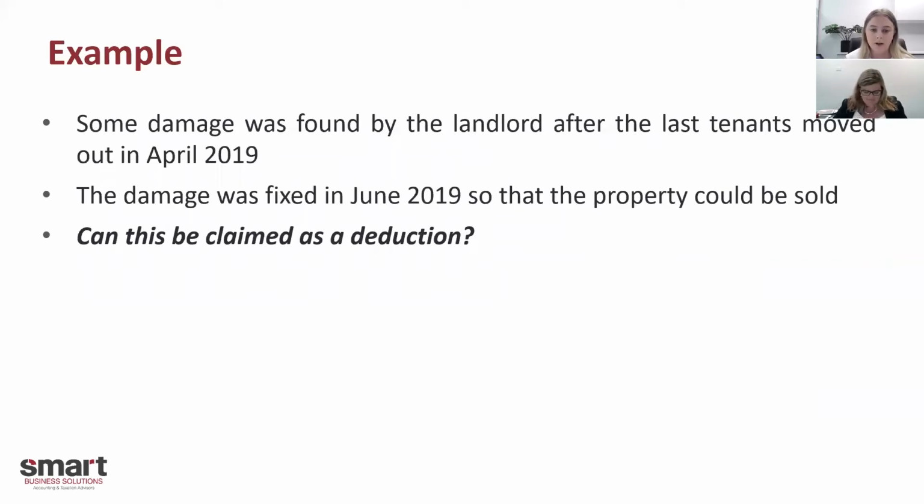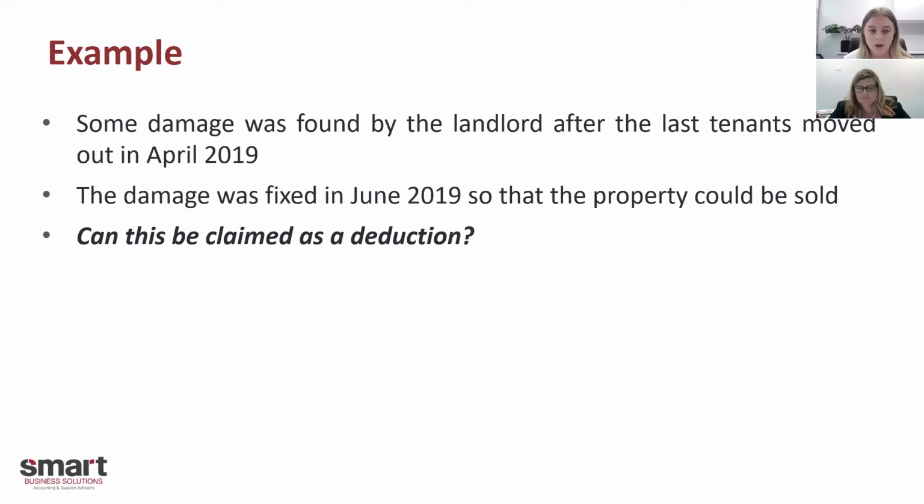Let's say this property has been used as a rental property for a number of years, and the tenants have just moved out. Some damage was found by the landlord after they moved out back in April 2019. The damage was then fixed in June 2019, so the property could then be sold. The question here is, can we claim that as a deduction? Here we're actually looking at a timing issue.